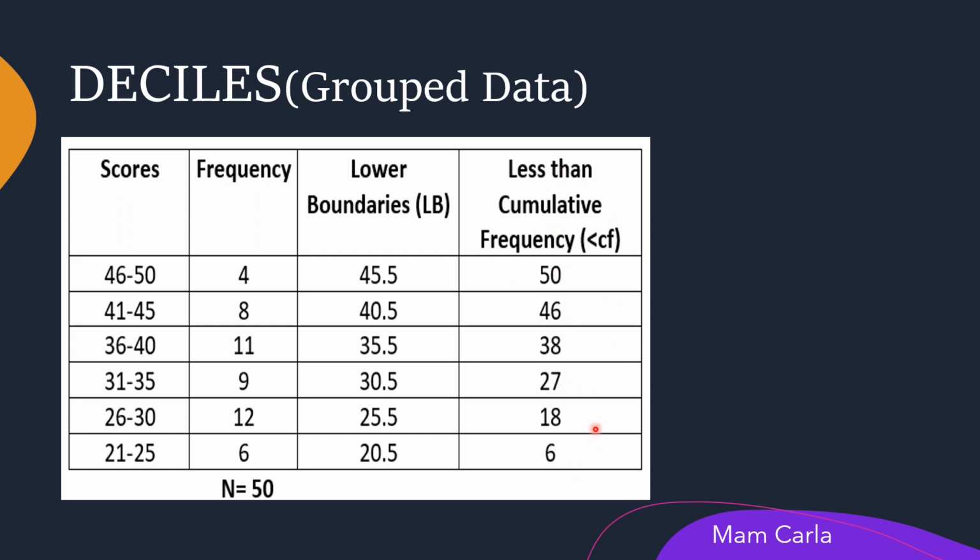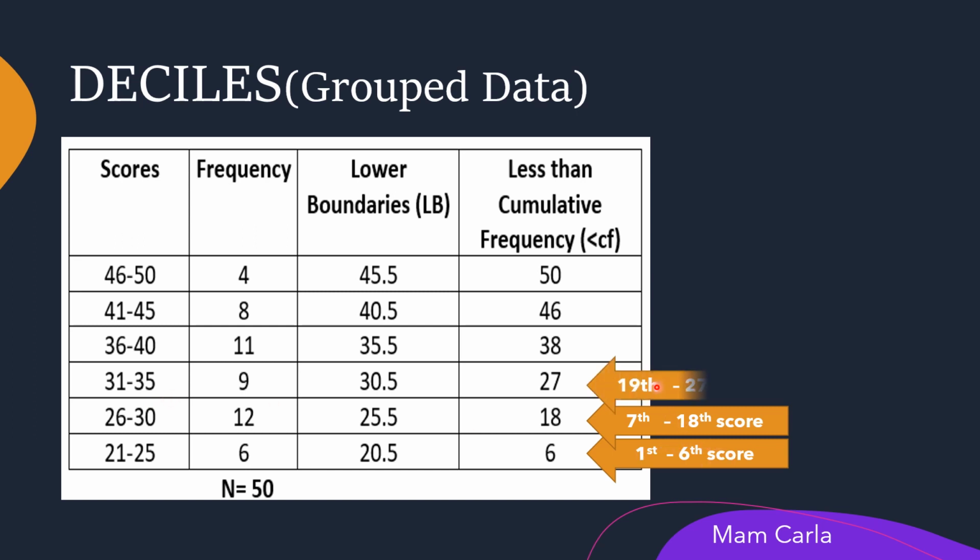So what do we mean in obtaining this less than cumulative frequency? It means that on this interval, we could find the first to the sixth score, while on 26 to 30, we can find the 7th to 18th score.